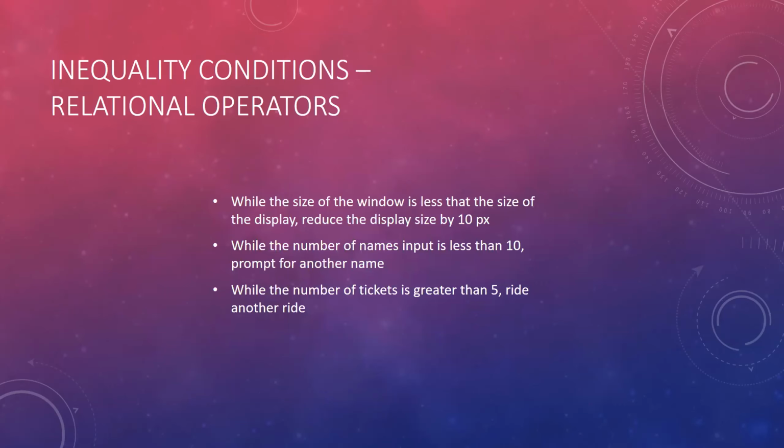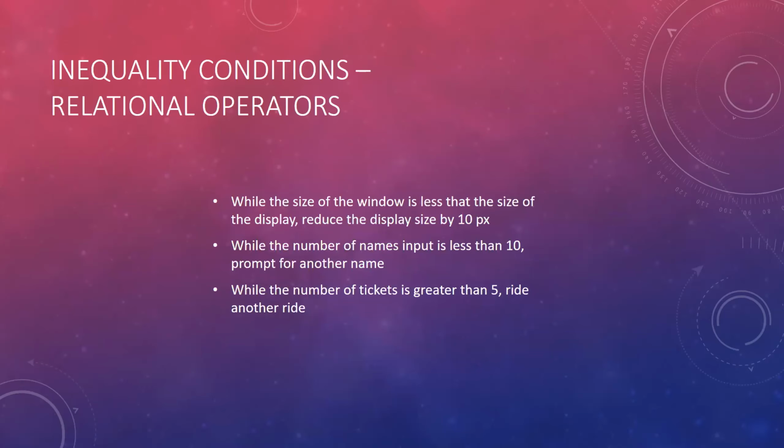Now, sometimes we might have inequality conditions with our relational operators, and we might want to keep repeating some process while we have an unequal condition. So, for example, let's say I have a display that I've created and it's too big to fit in the window.